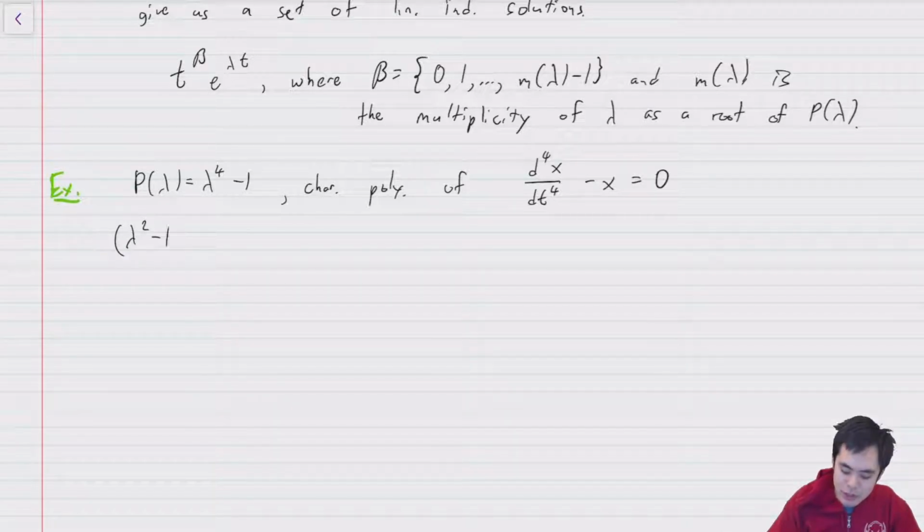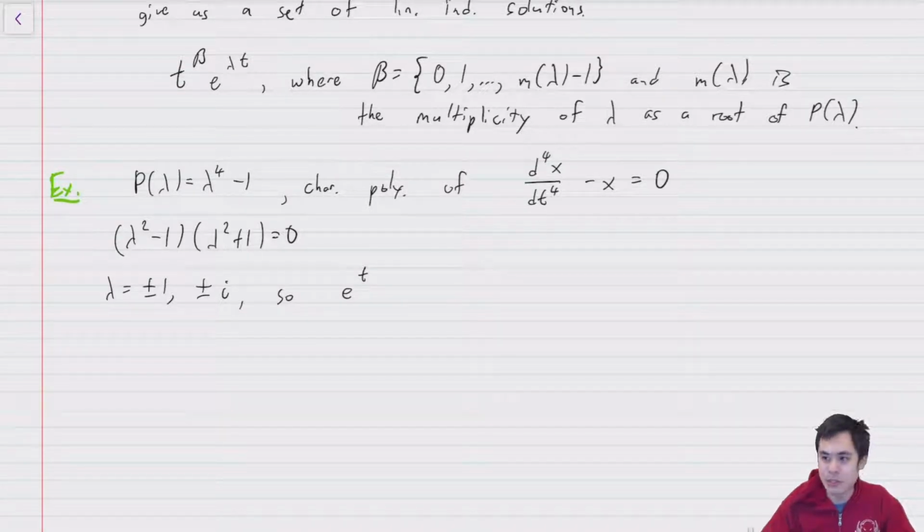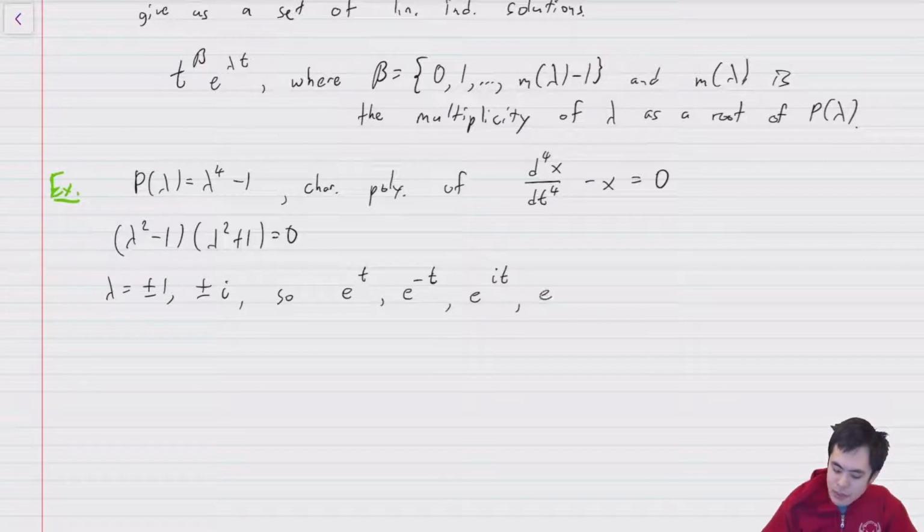So this is lambda squared minus 1 times lambda squared plus 1 is equal to 0. So lambda is equal to plus or minus 1 and plus or minus i, the imaginary number. Each of these has multiplicity 1, and so beta only ranges from 0 to 0. And so the solutions are e to the t, e to the minus t, e to the it, and e to the minus it.